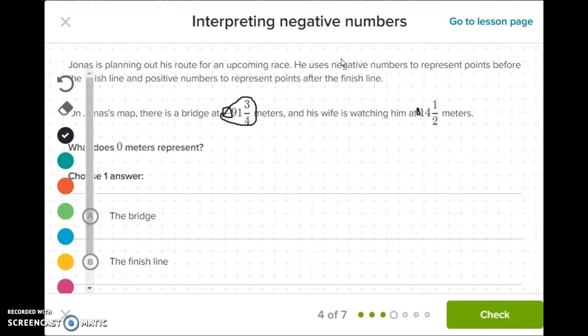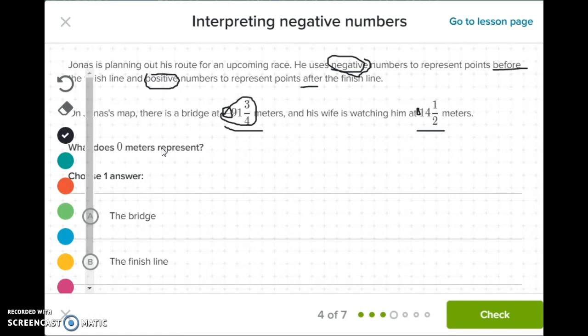He used negative numbers to represent the points before the finish line, which is this, and positive numbers represent points after the finish line. So we know that his wife has a positive.